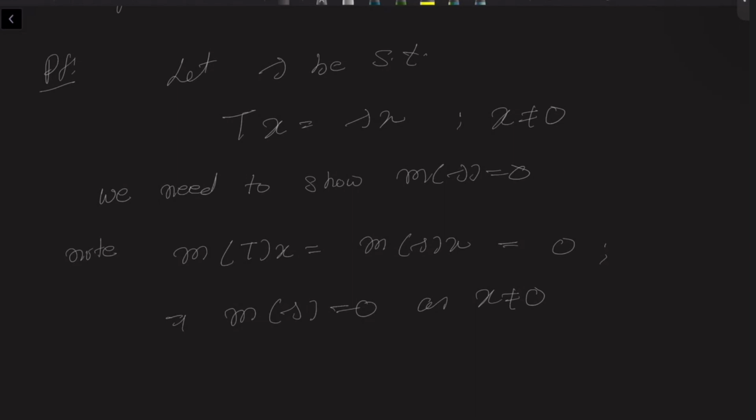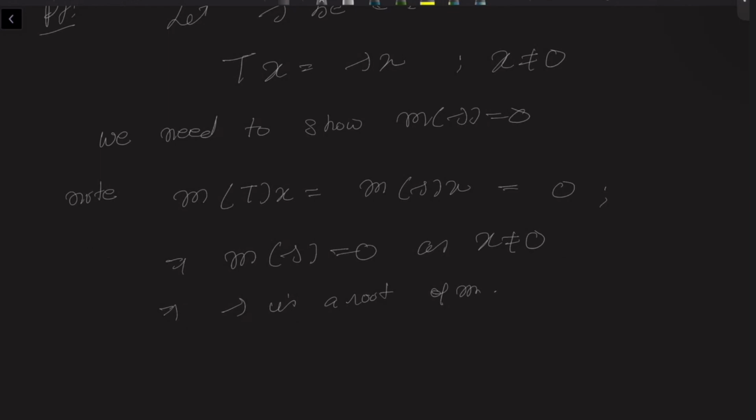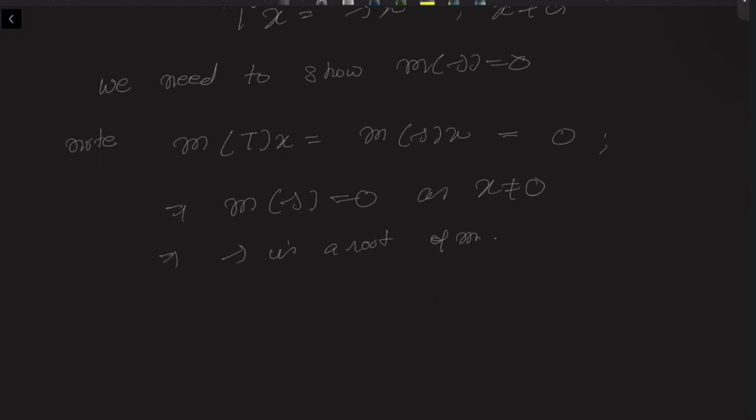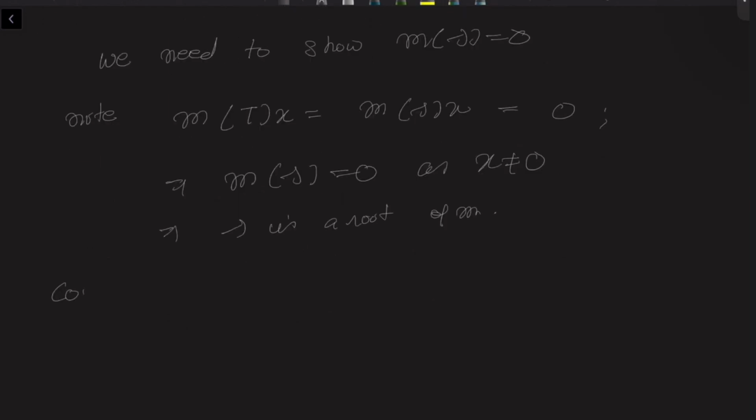So since m of lambda x equals 0, where x is non-zero, we will have m of lambda equals 0. That is to say that lambda is a root of m. This is the first part. Now let me prove the converse also.